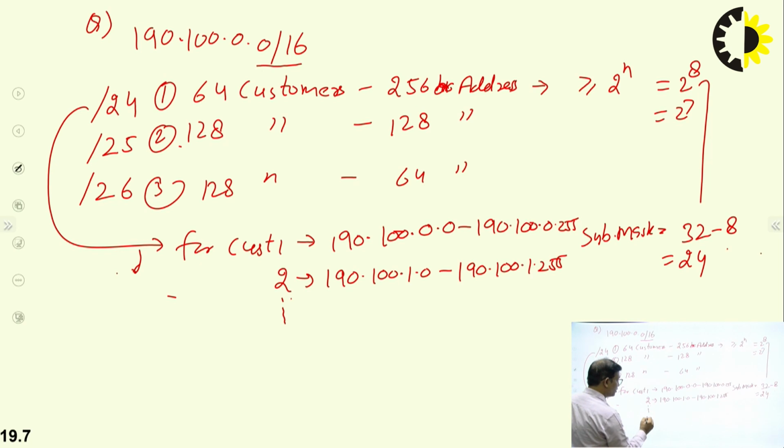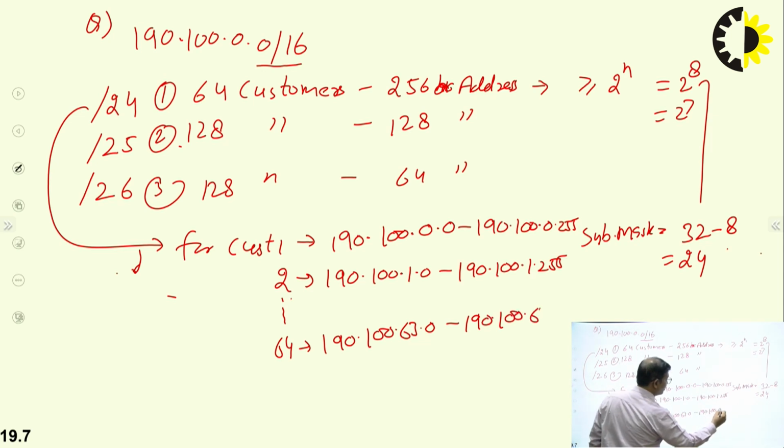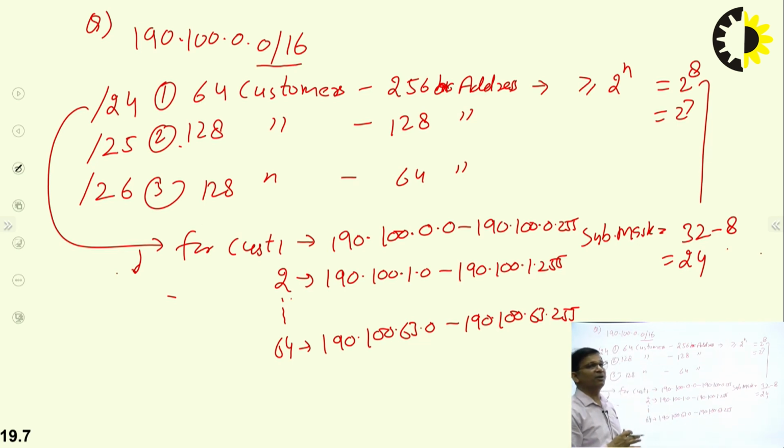So for customer 64, what will be the range? 190.100.63.0 to 190.100.63.255. This is the complete range of network 1, where 64 customers are available and each customer requests 256 addresses. So this will be the range for each and every customer.